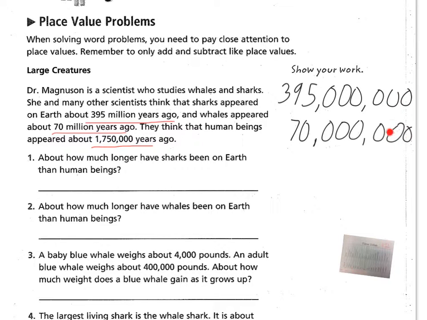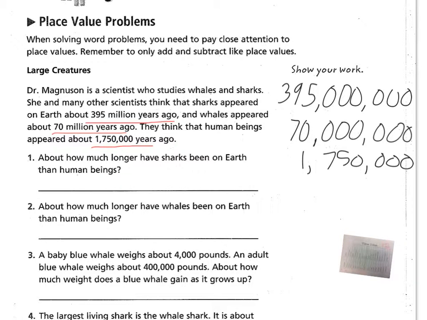Notice how I also lined up these place values. Even though I'm not doing anything with these numbers yet, it really helps me see that they are lined up and how big they are compared to each other. My last one is already written out in number form, so I'm just going to copy it down. I see that I have 1,750,000 years ago.